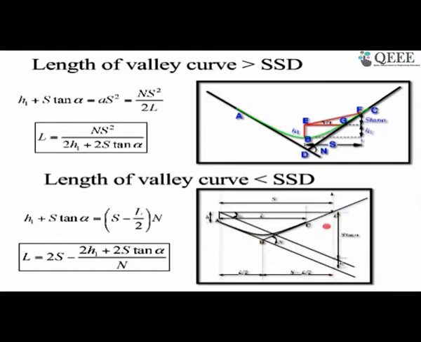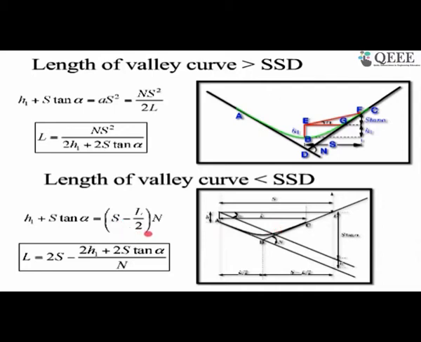So here this distance will remain the same, whatever the height of the eye, that will remain the same, and the angle s tan alpha will remain the same. So the left hand side remains the same, whereas the right hand side, where you are trying to find the horizontal distance x component, is going to change.